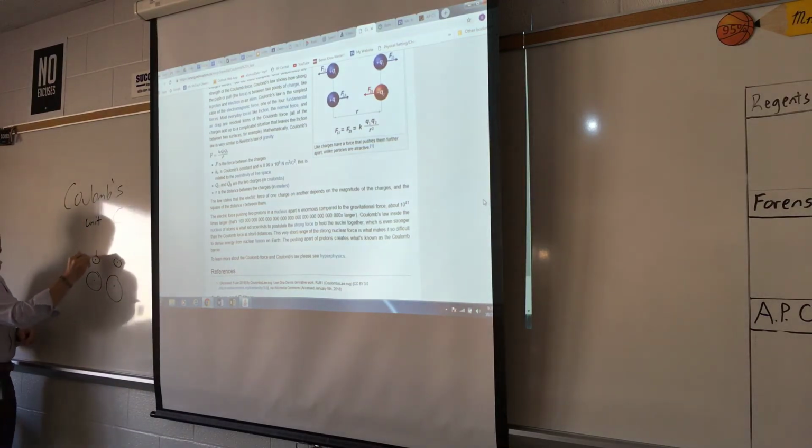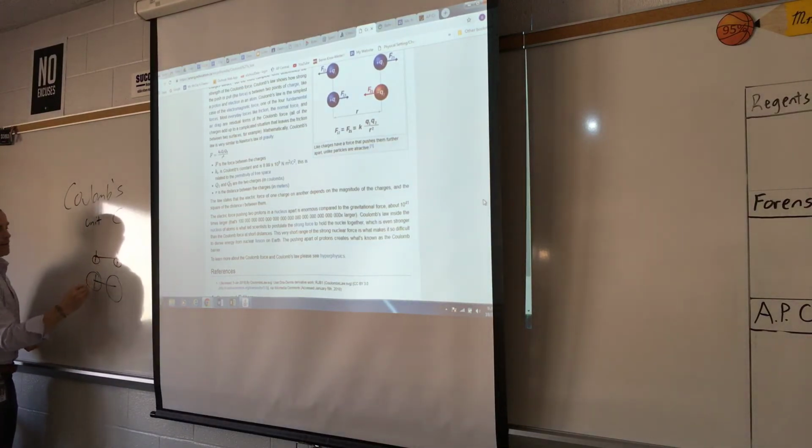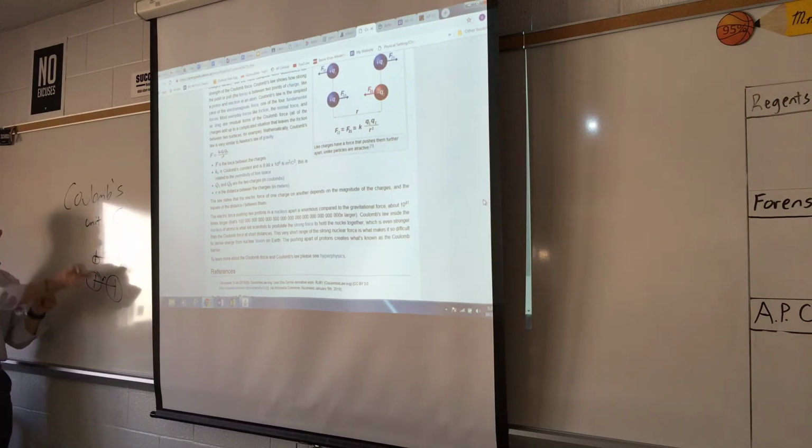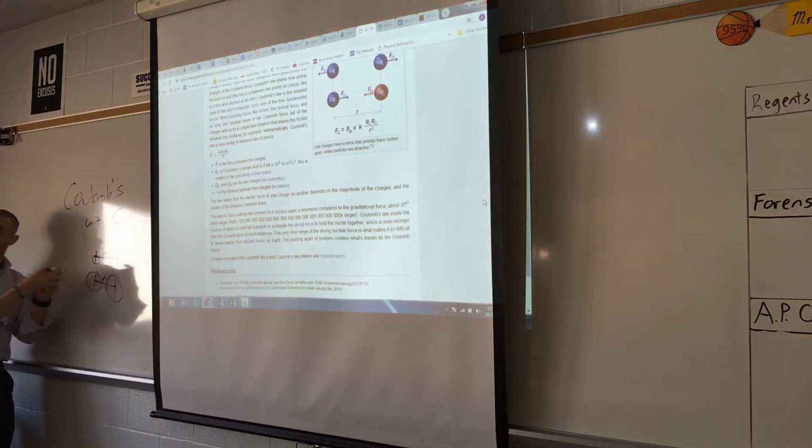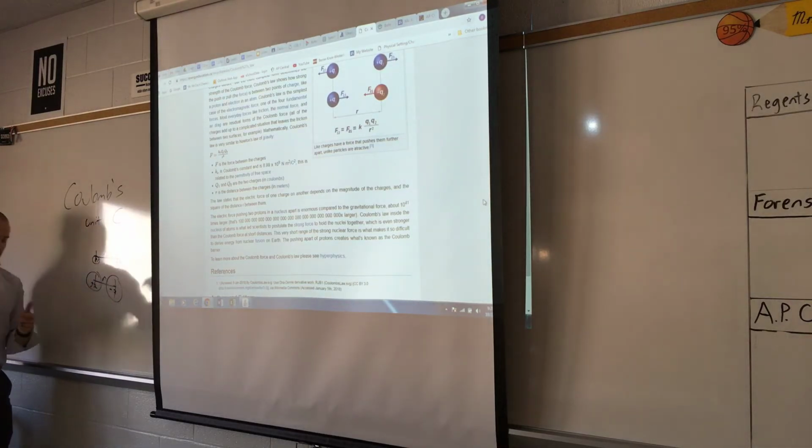In other words, the distance between here and here, let's say is r, let's say that's the same, okay? But because this particle and this one are bigger, the distance of their charge interacting is actually smaller. And if this one is +1 and -1, and this one is +2, -2, these two are going to experience a ridiculously strong force compared to them. So I'm getting a little ahead of myself.